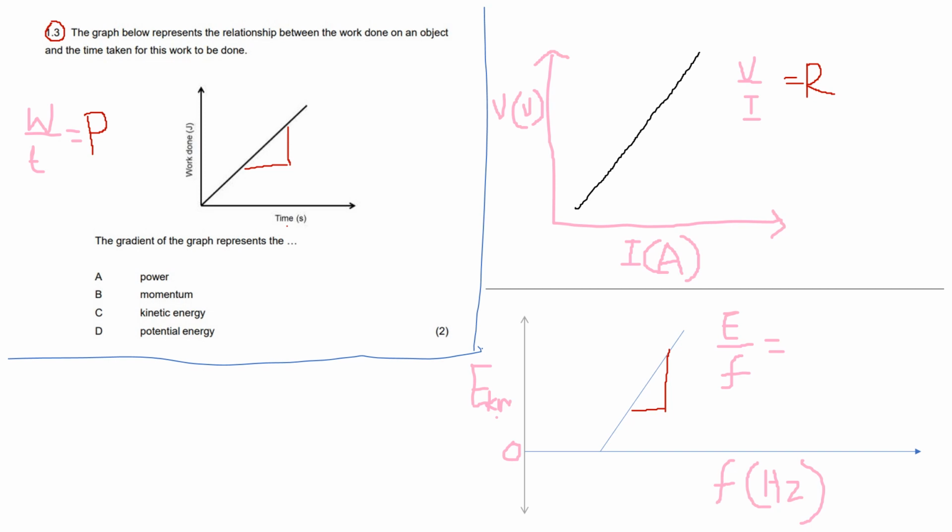You will see that this is the Planck constant, because we know that the energy is equal to the Planck constant multiplied by the frequency. So watch out for this type of question in the exam.